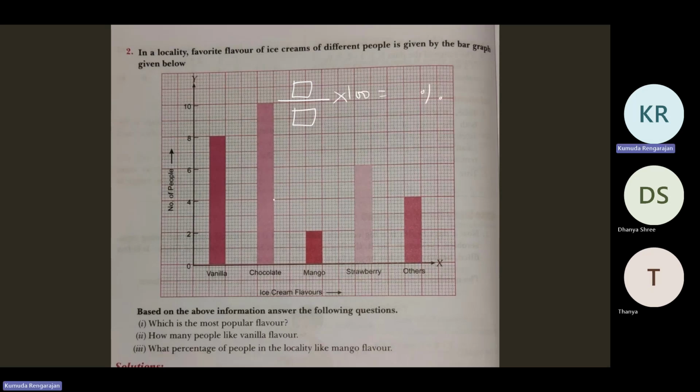Now, what percentage of people in the locality like mango flavor? So how many like mango flavor? 2. What's the total number of people in the locality? 8 plus 10 plus 2 plus 6 plus 4. So 30. Totally, there are 30 people in the locality. 2 by 30 into 100.